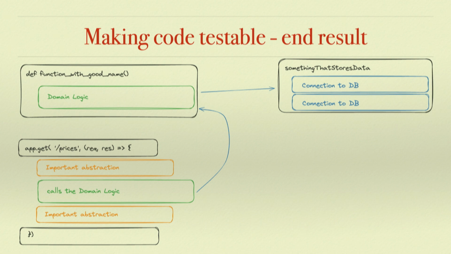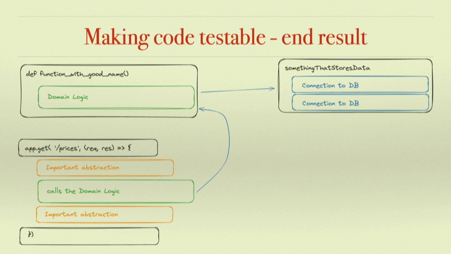So what we have at this point is the original function, get prices, that has an important abstraction, which is taking stuff from the HTTP. It calls a function for the domain logic. So my route has a reference to the domain logic thingy. It just calls the domain logic, so the route doesn't know anything about the database or where the data comes from.